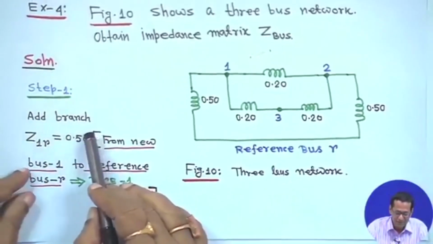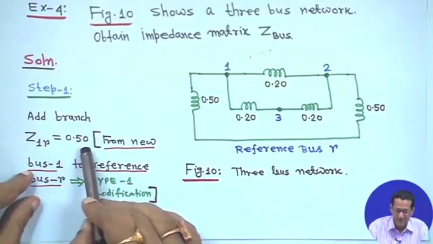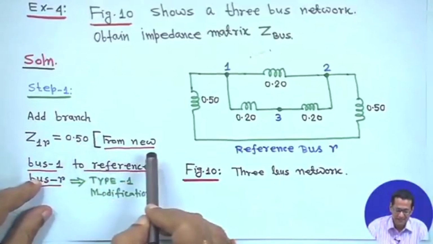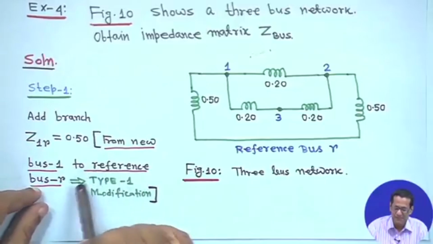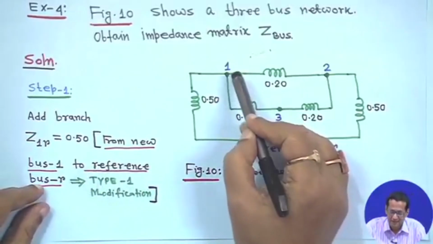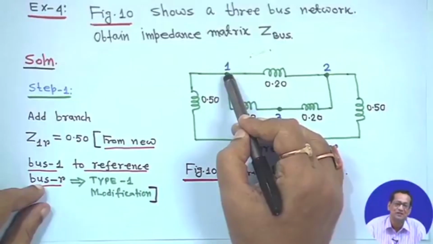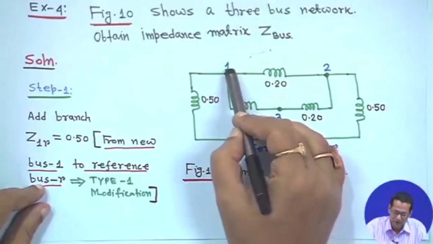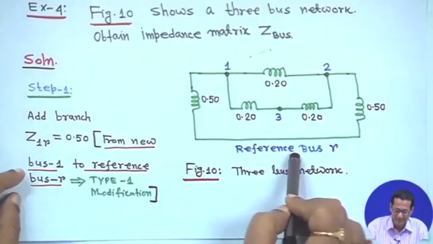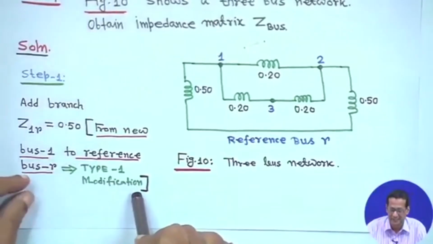Now, we have to add branch Z 1 R, that is 0.5 per unit say. That means from new bus 1 to reference bus, because nothing is there. Any bus we are considering is a new bus first. So, 1 to reference bus, only a single element, so it is a type 1 modification.